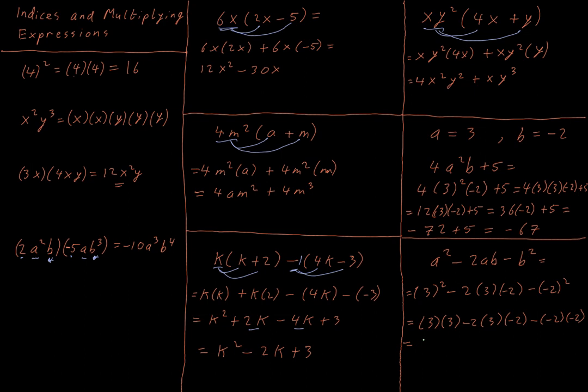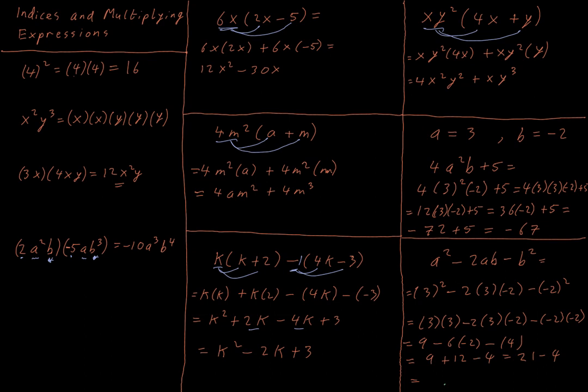So 3 by 3 is just 9. And then I have minus 2 by plus 3 is going to give me minus 6. And that's still multiplied by my minus 2. And then I have minus 2 multiplied by minus 2 is going to be plus 4. And then I have 9, minus by minus is plus 12, minus 4, is equal to 9 plus 12 is going to be 21 minus 4.